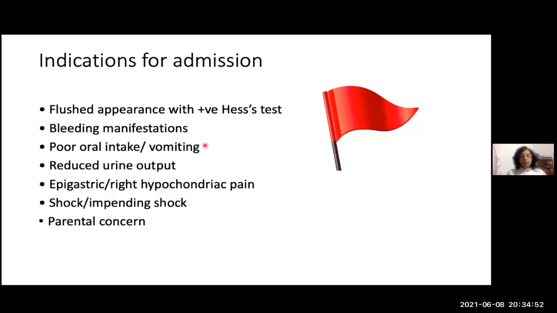Features of shock or impending shock are important to identify. I will talk about this later on as well, when I talk about how to recognize a sick child, I will talk about shock. And whenever the parents are concerned, if the parents say, my child is not right, then the child is not right, right? So you need to admit such a patient.